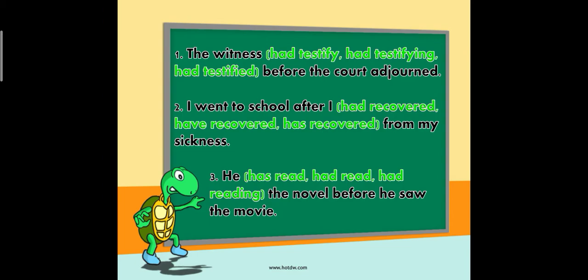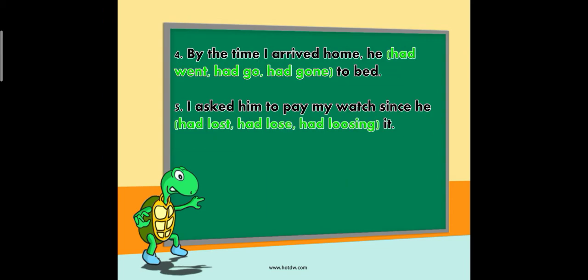He has read, had read, had reading the novel before he saw the movie. Number 4. By the time I arrived home, he had went, had go, had gone to bed. Number 5. I asked him to pay my watch since he had lost, had losing it.